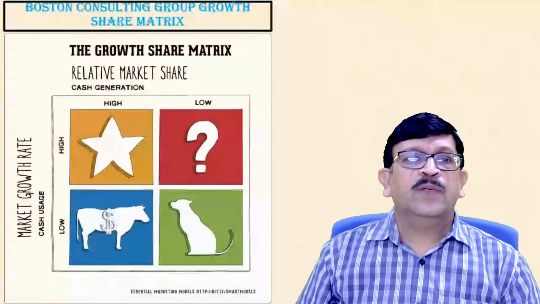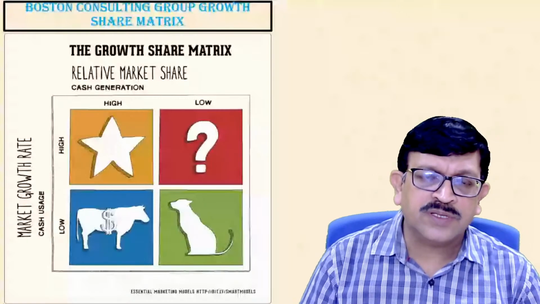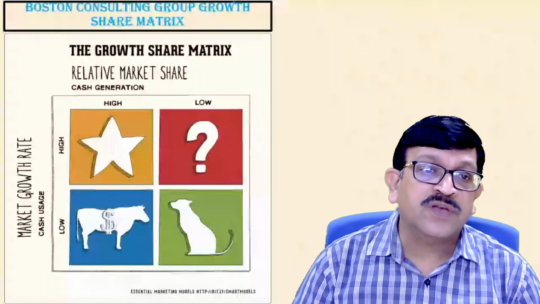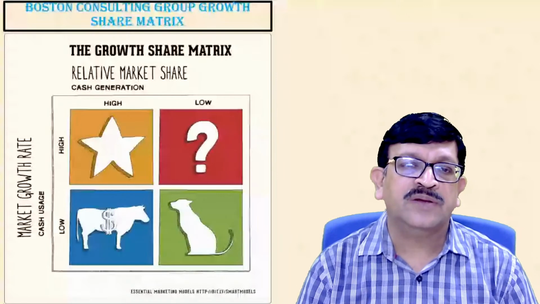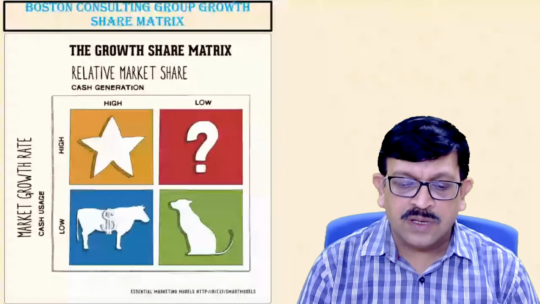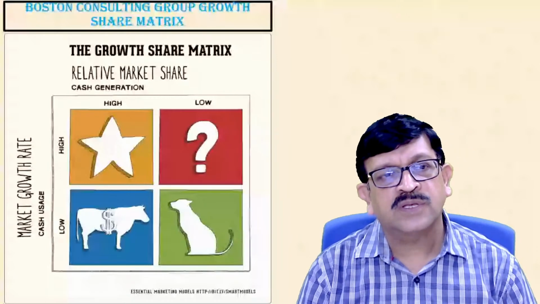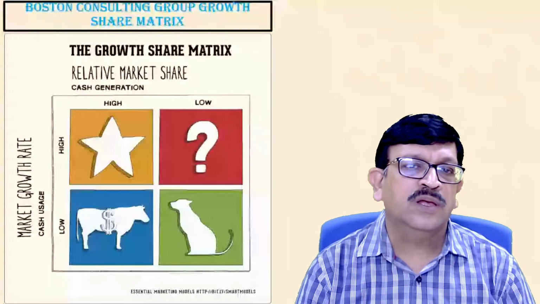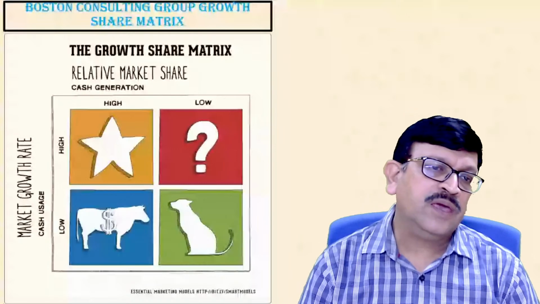Going into the other stage, as the product starts doing well, it may start increasing its market share relative to its competitors. They will have a better share, and it starts growing, and it may enter something called the star quadrant. The star quadrant perhaps is the most desirable among all the quadrants, because it has a high market share and a high growth rate.